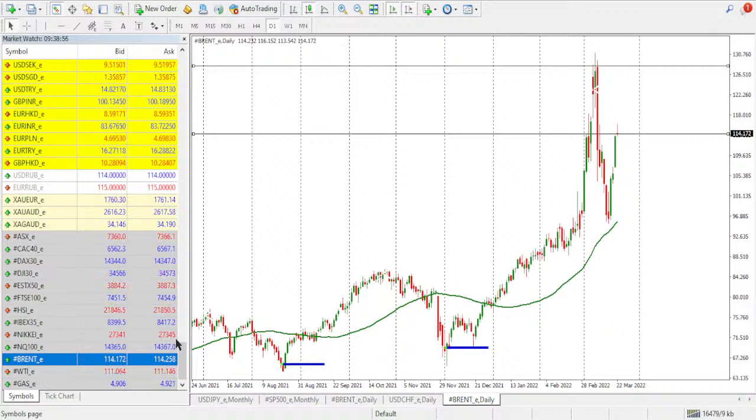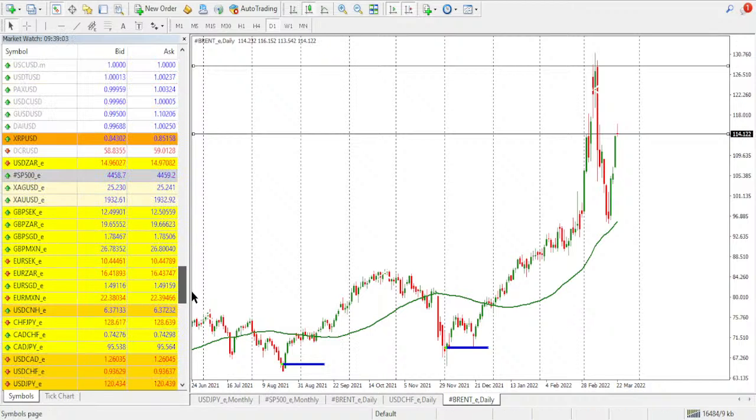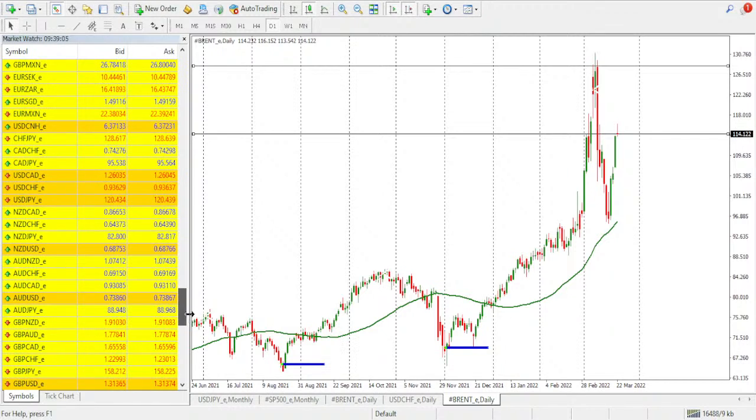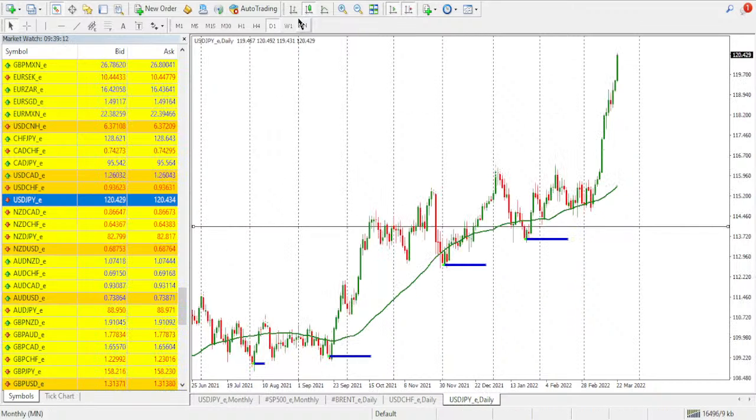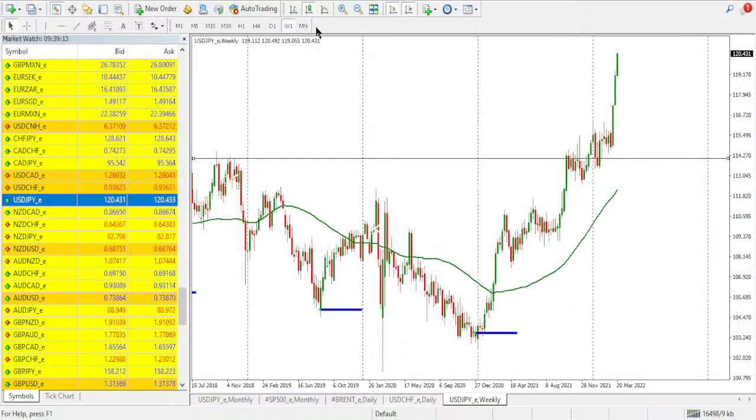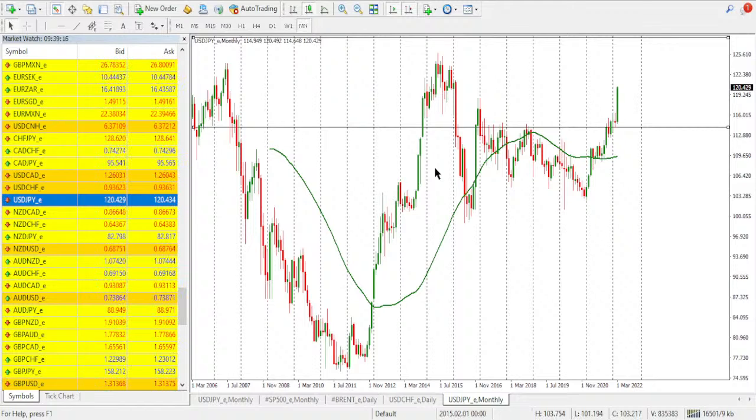The next instrument I want us to look at is Usdjpy. So the Usdjpy so far is upwards. We are in an active uptrend. The price is moving indefinitely to the upper side.